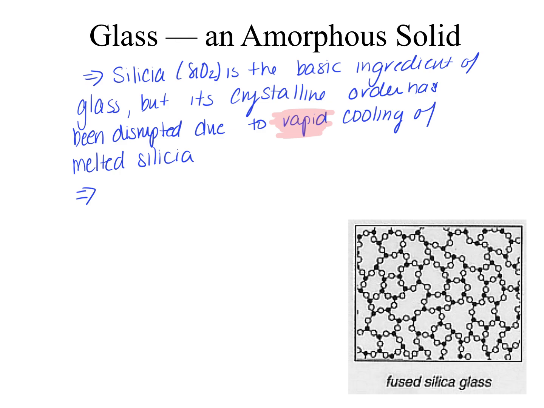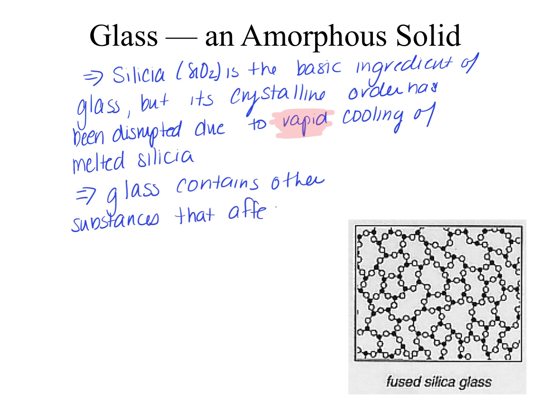Another thing to be aware of is that glass contains other substances that affect the properties. Right? And so those include oxides, and we're going to talk about some different oxides and how they affect the properties in just a second.